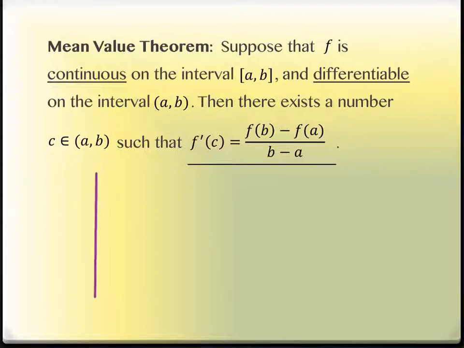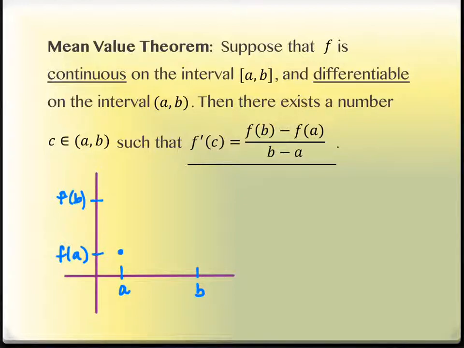It doesn't say they can't be the same, but they don't have to be the same. So I'm going to draw a picture where they're not so that we can see how this theorem generalizes the conditions and the results that I had before. So now I'm going to do f of A right here, and f of B right here. There's absolutely nothing that says that f of B has to be above f of A. That's not an appropriate conclusion just because I drew it that way.